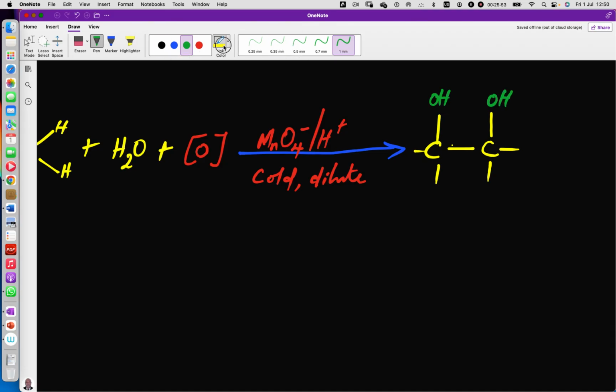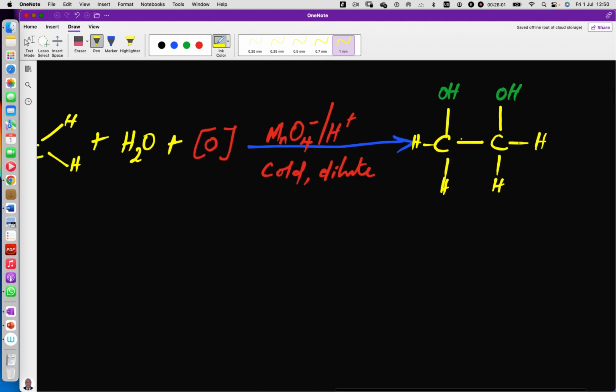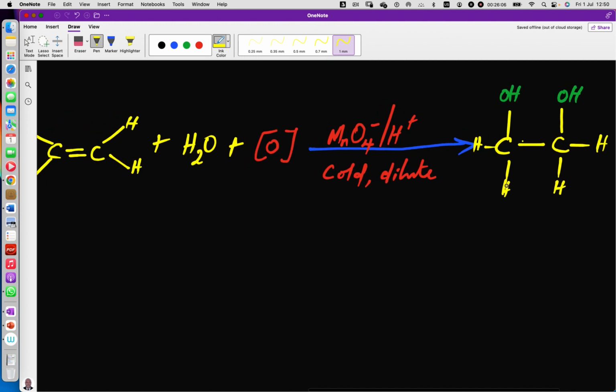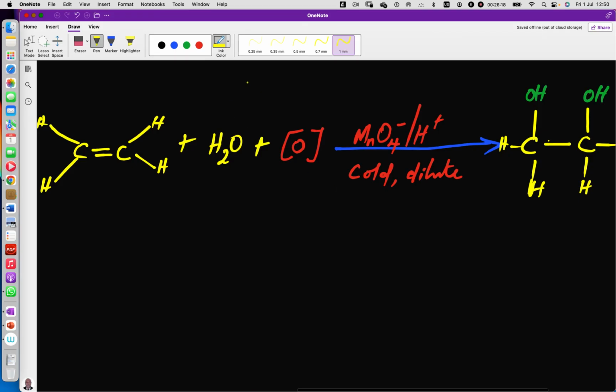Let's fill the rest with our hydrogens. So our product here is a diol. Diol means that there are 2 OH groups on the compound. So now we can name this.